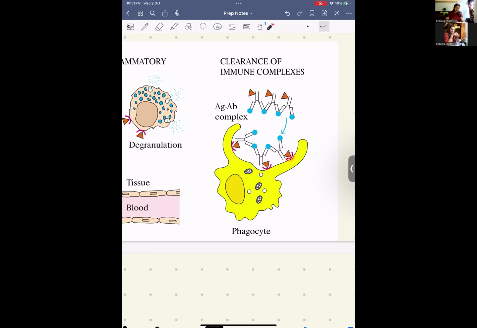How? The complement receptors bind to the complement protein and, like a magnet, attach. So the complement instructs the movement of these immune complexes towards the phagocyte, and eventually the phagocyte takes it up. Or the other possible way is that these complement proteins can also bind to the RBC.